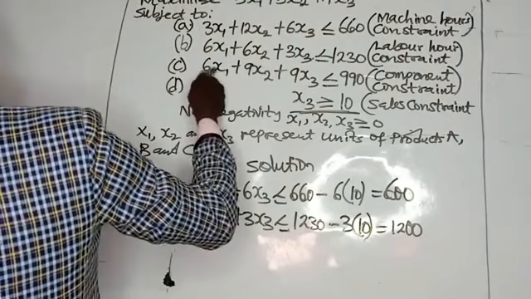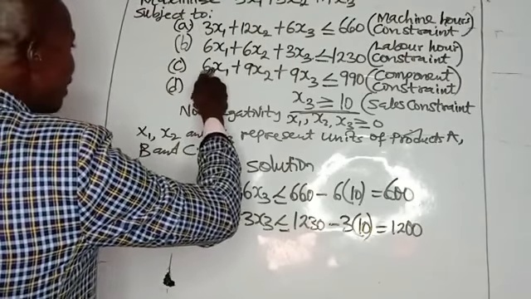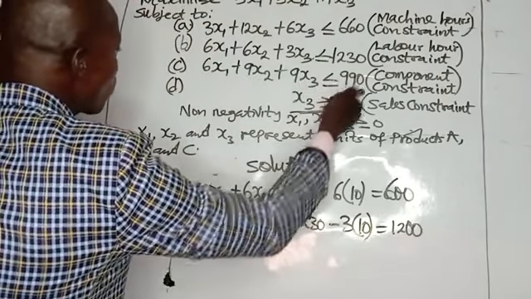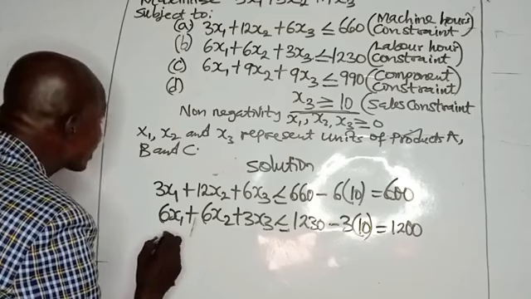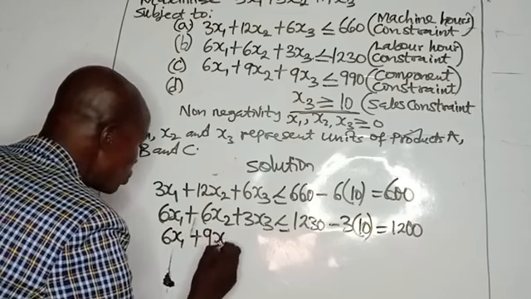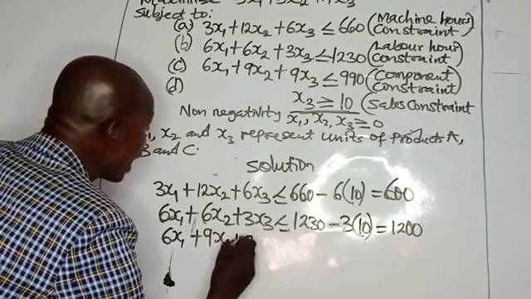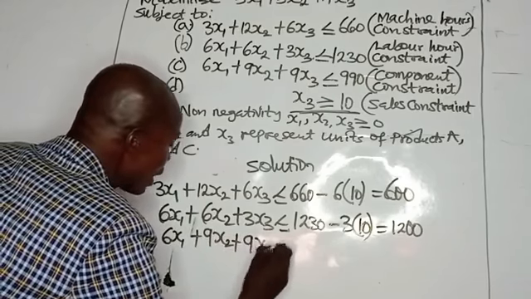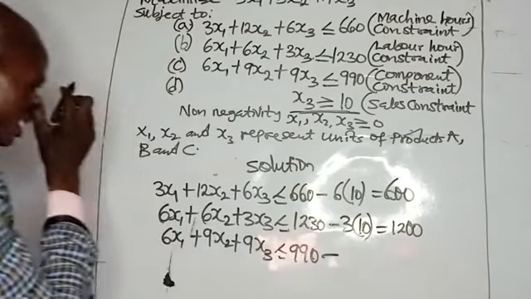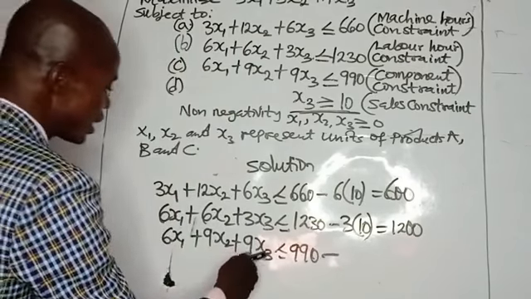For the third constraint, constraint C, we have 6x1 plus 9x2 plus 9x3 less than or equal to 990 minus 9 times x3.